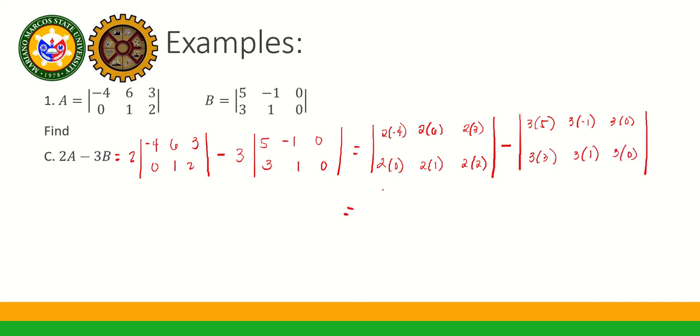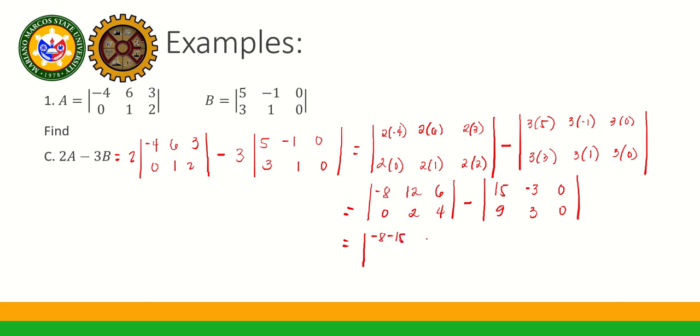So simplifying, this will be equal to -8, then 12, 6, 0, 2, 4, minus 15, 3 minus 3 times -1, -3, 0, 9, 3, and then 0. Tapos, isubtract na natin. So, this will be equal to -8 minus 15.